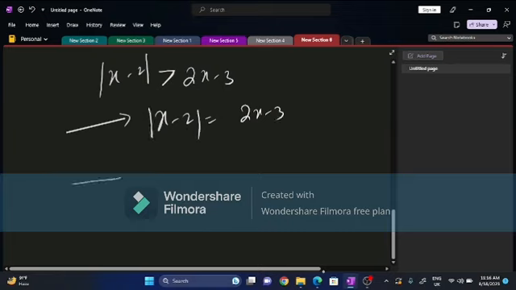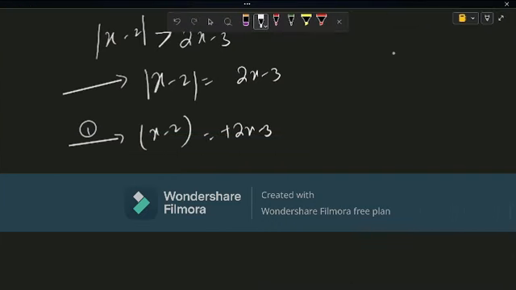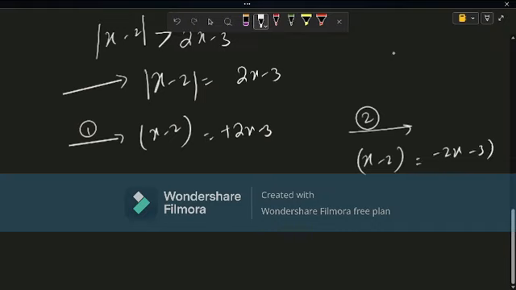Now two cases arise. First case would be x − 2 equals positive 2x − 3, and the other case would be x − 2 equals minus (2x − 3).